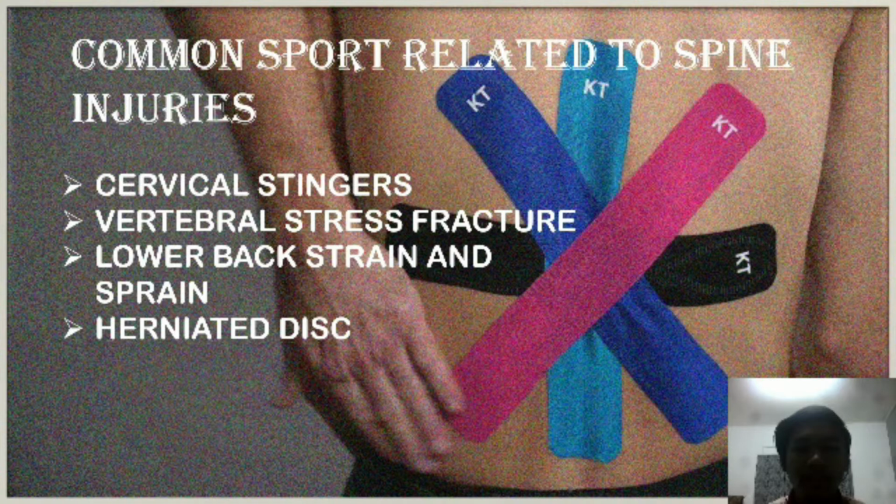The second one is vertebral stress fracture. It is when the vertebral body in the spine collapses. It can lead to severe pain, deformity, and loss of height. The third one is lower back strain and sprain.